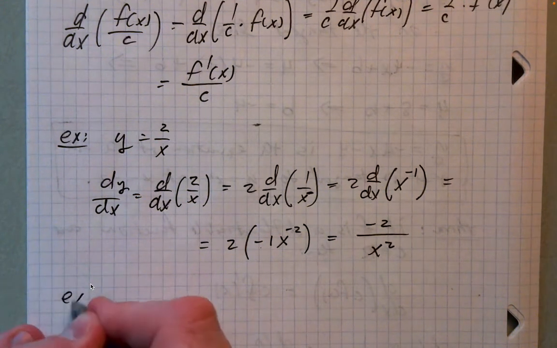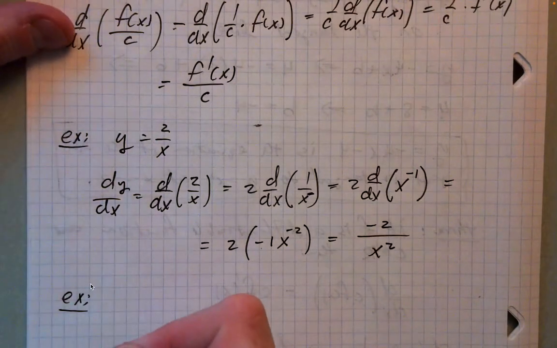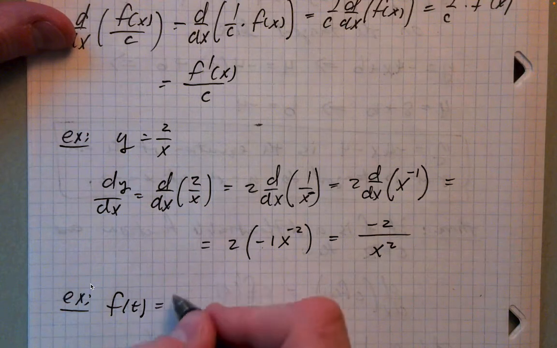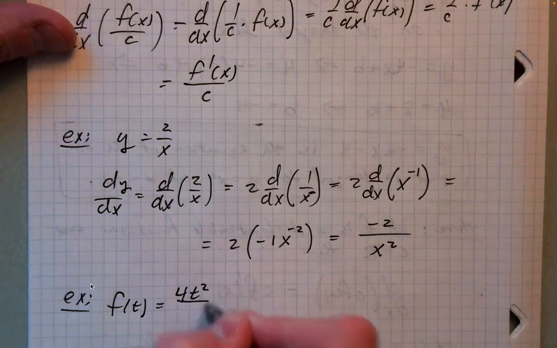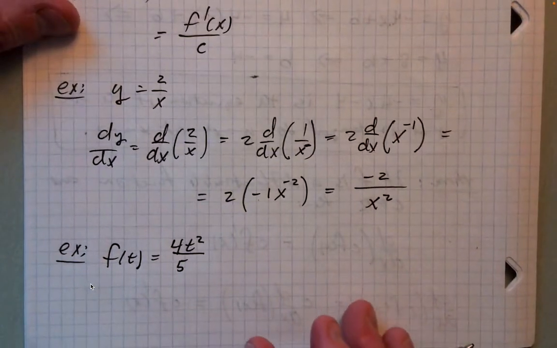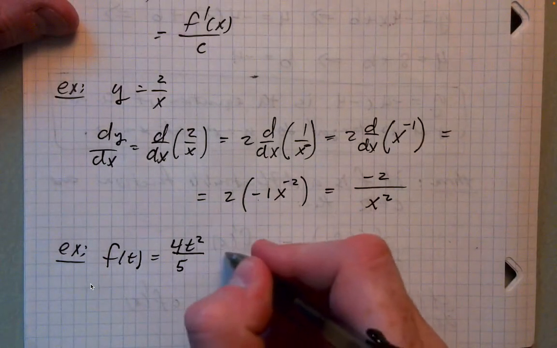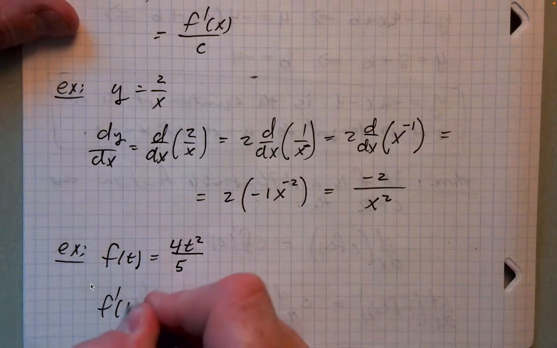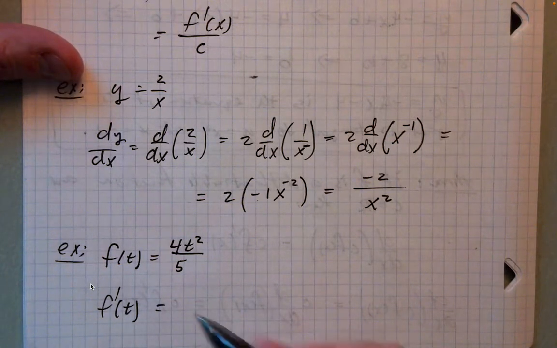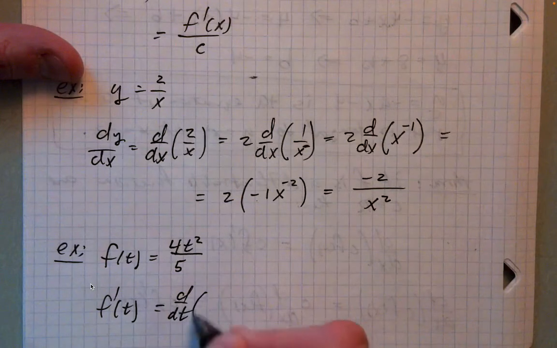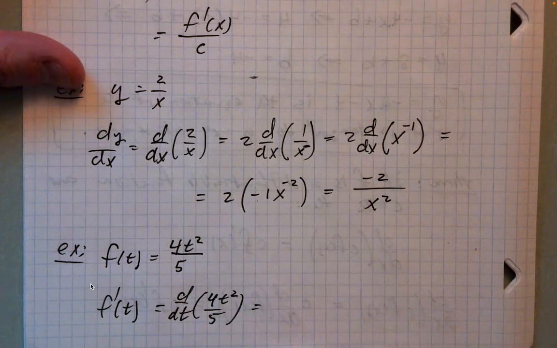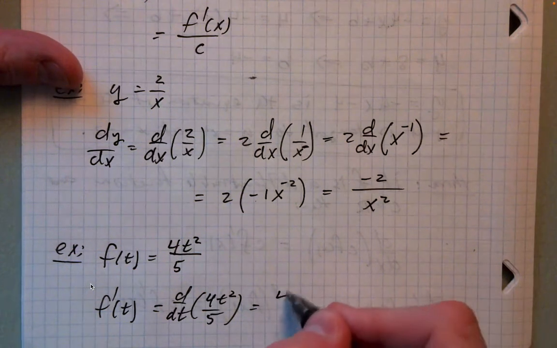How about another example? Let's try f of t equals 4t squared over 5. So here we've got kind of a ratio in the front. All right, so then f prime of t would be equal to d dt of 4t squared over 5. And again, I'm using notation that's very specific here.